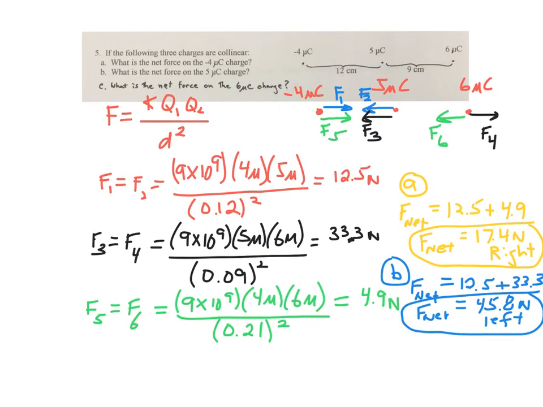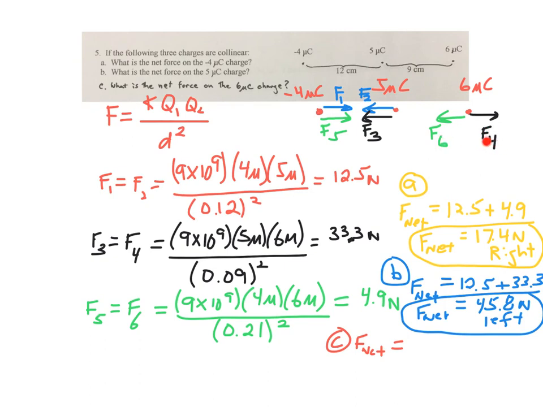All right, part C, F net for the 6 microcoulomb charge. F net will be the 2 forces applied. Now, be careful here because I see that F sub 4 is to the right and F sub 6 is to the left, but which one's greater? F sub 4 is the greater force, so I want to take the bigger force minus the smaller force.